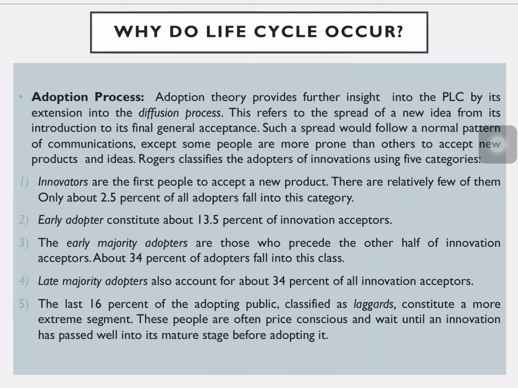So these are the types of consumers based on the adoption pattern. The consumers are divided: the innovators constitute 2.5%, early adopters 13.5%, early majority 34%, late majority 34%, and the last one, the laggards, 16%.